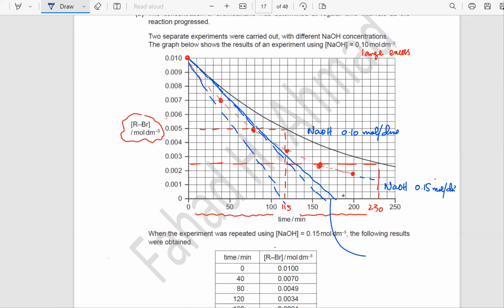Let's calculate the gradient for this one. What is the gradient? It's y जो है, that's 0.01, and the x-axis के way is it cutting? It's, I think that's approximately 175 minutes. ठीक है, तो x2 minus x1, that's triangle पूरा है. ठीक है, so that's this one. और इसका क्या होगा?